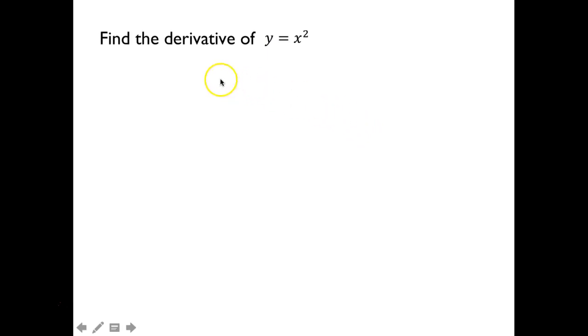Okay, so find the derivative of this. Now that one's not so easy. So we're actually going to have to do our function here. Our limit as h approaches 0 of f of x plus h minus f of x all over h. Here I'll keep the same organization skills I have been.